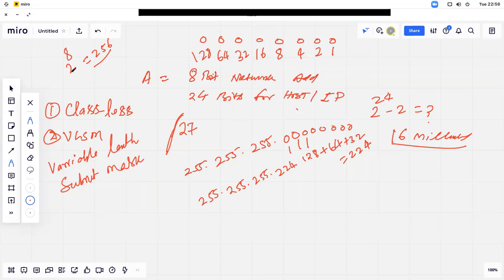It is the base of the binary number. As you know, binary has either 0 or 1, so the base will be 2 and its power 8, the total 8 bits that we have put here. So the value will be 256. So we'll write here: calculate block size.